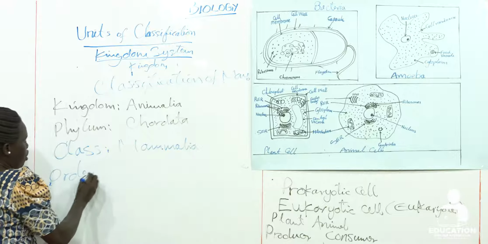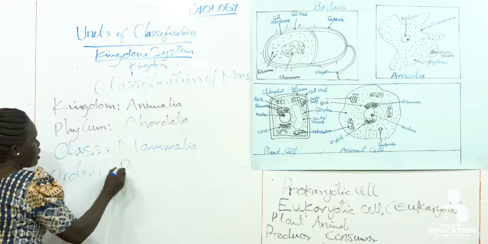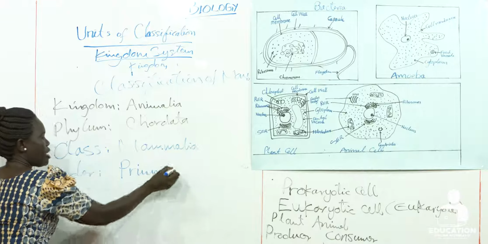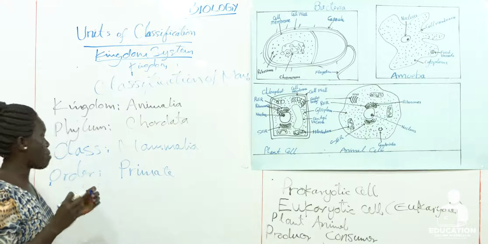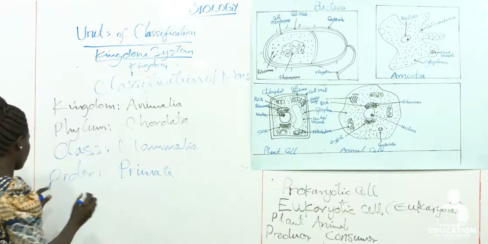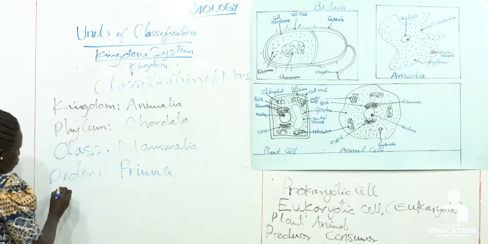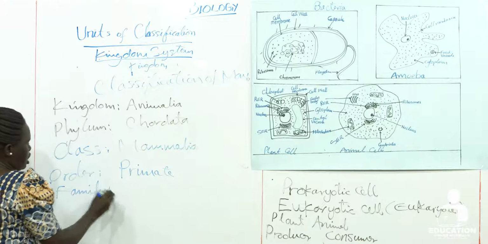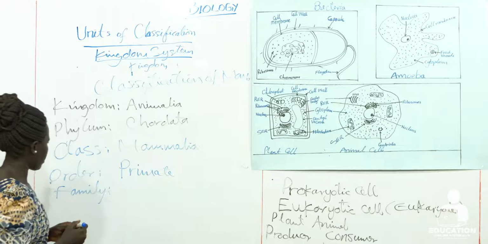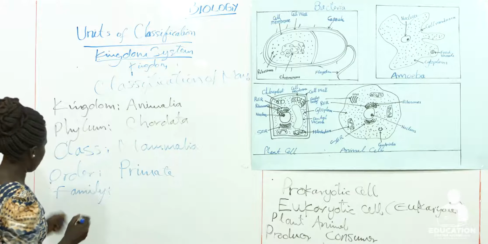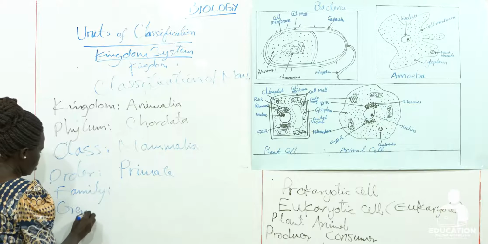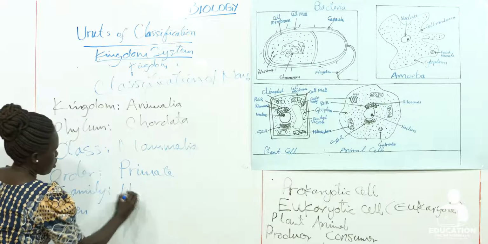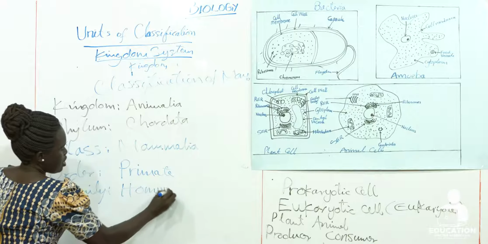Order, Primate. Primate, that means they have a high brain, that means a large brain. Then coming to family, Hominidae.